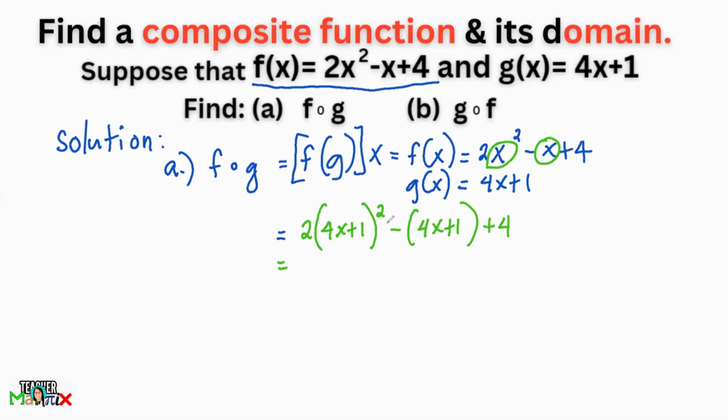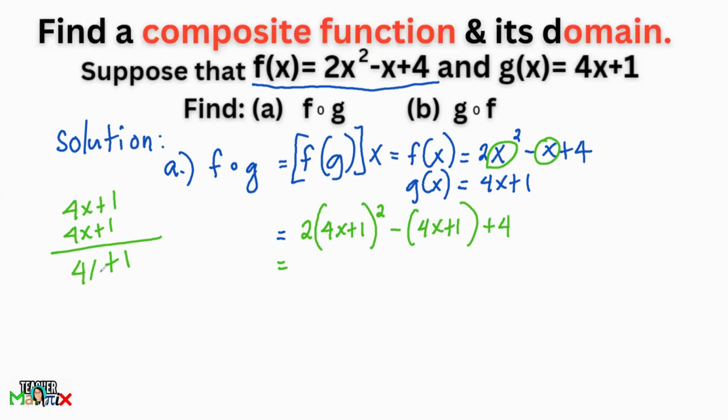Before we distribute that, let's get the expanded form of 4x plus 1. So, 4x plus 1 times 4x plus 1. Plus 1.